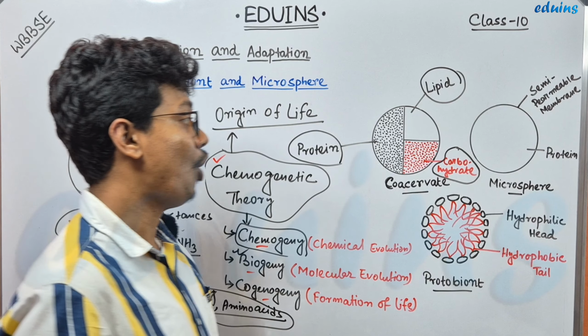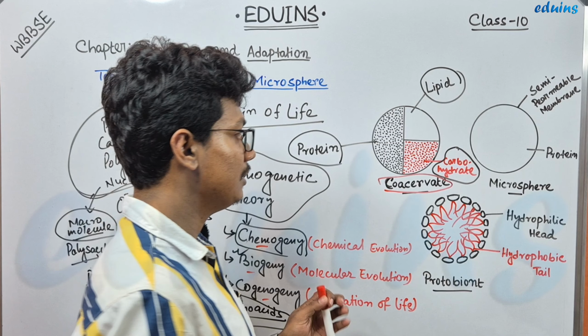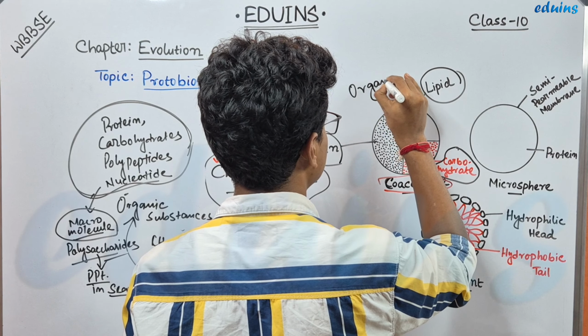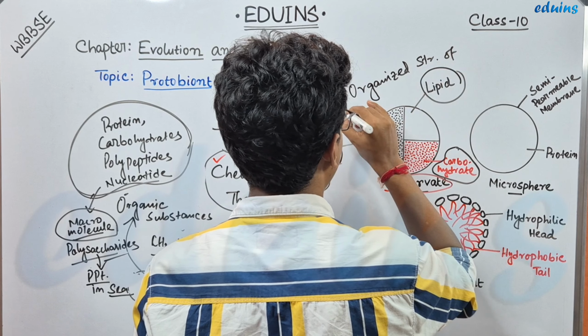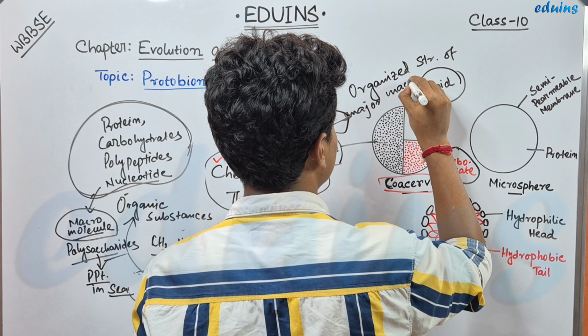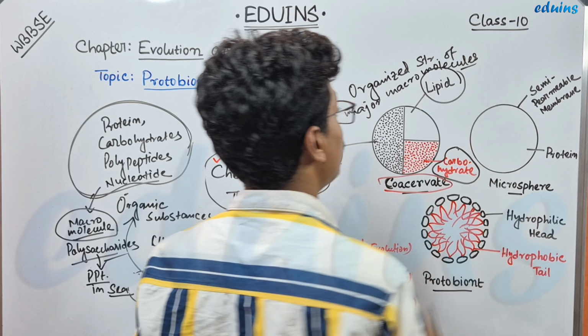So what is coacervate? Coacervate is the organized structure of major macromolecules. What are they?